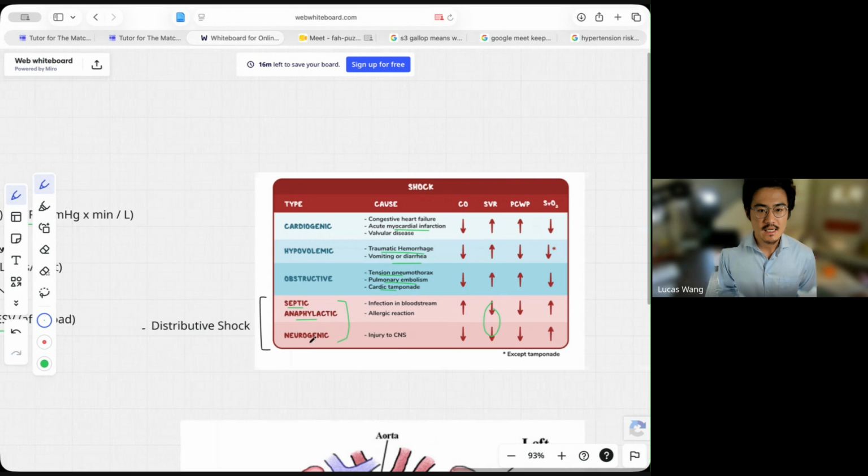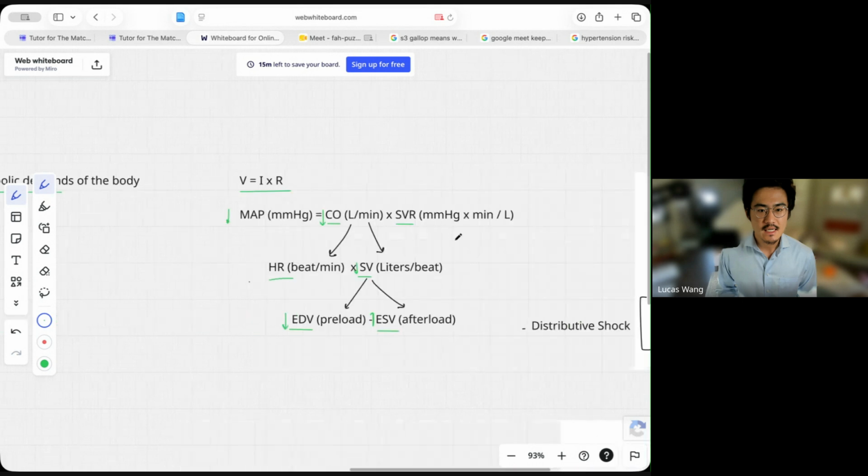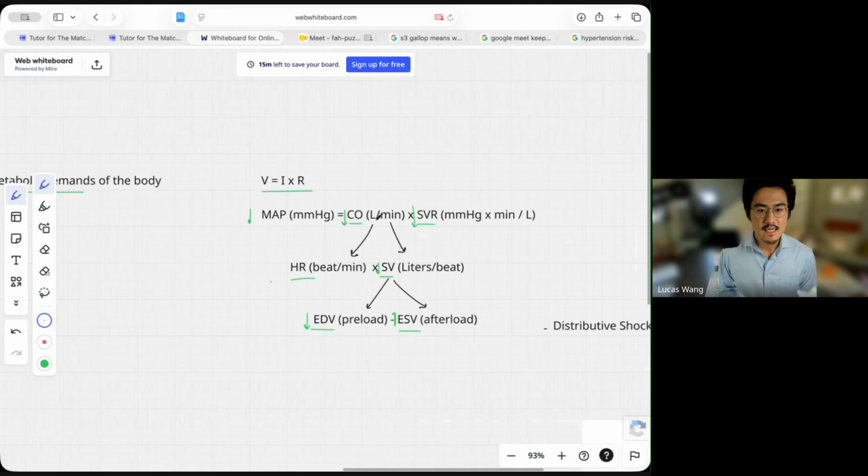Neurogenic shock is also going to have a fall in systemic vascular resistance and a fall in heart rate, because you have some sort of trauma or condition where you're cutting off the neural input to the rest of the body that would allow you to mediate a sympathetic response. In any case, all of them are going to decrease systemic vascular resistance, and of course that is going to decrease your mean arterial pressure.